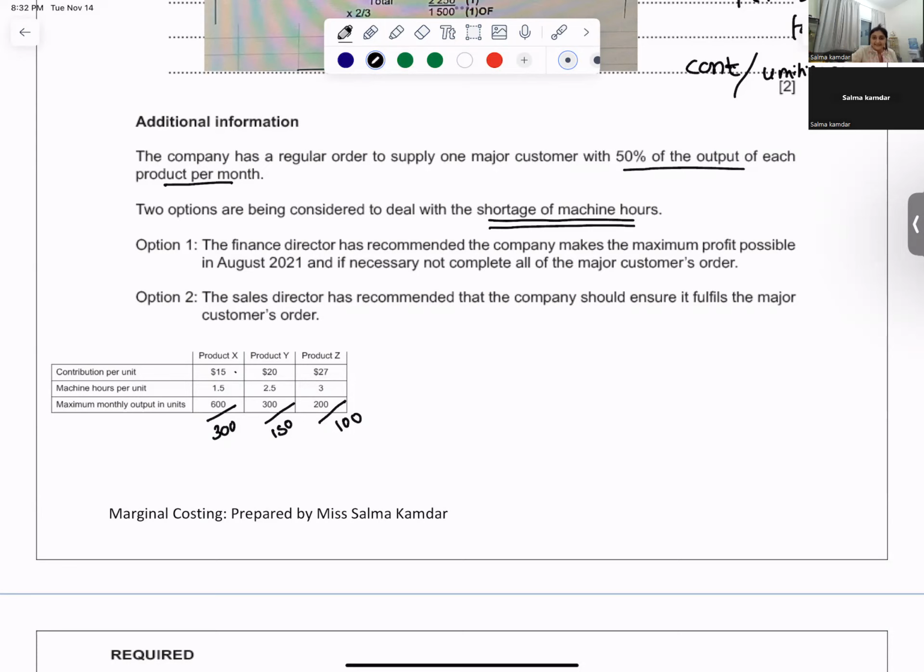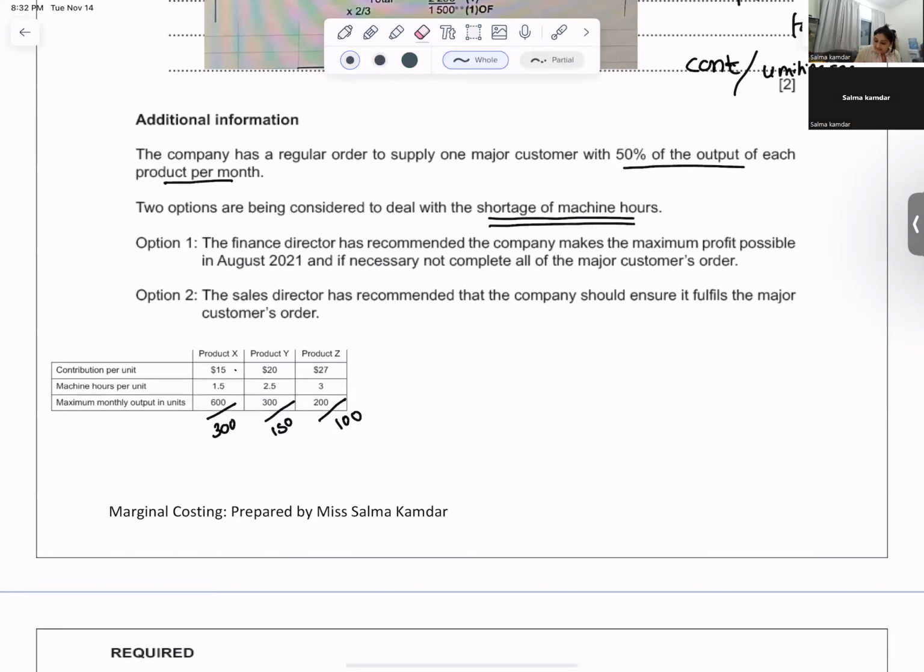Finance director has recommended that the company makes maximum profit possible in August 21. Finance director tells that you have to make the maximum profit possible. If you have to make the maximum profit possible, that means you have to make the optimum product plan.